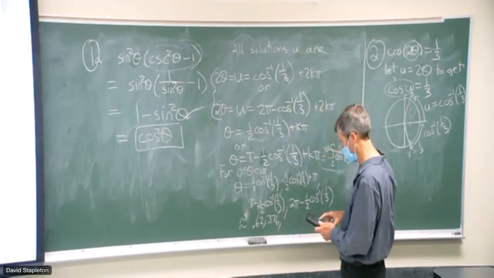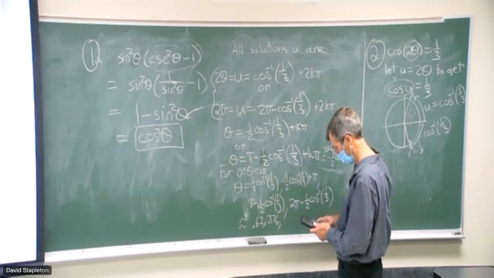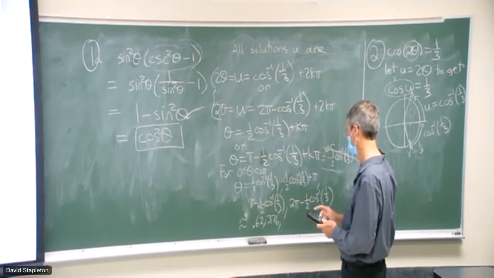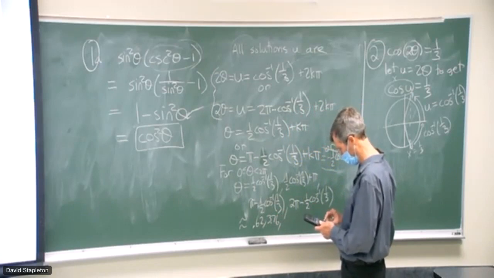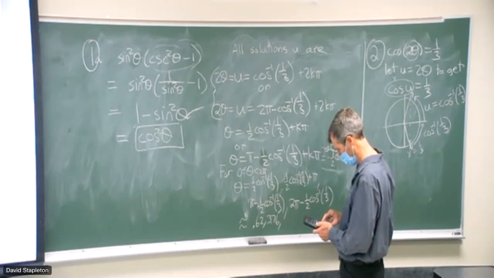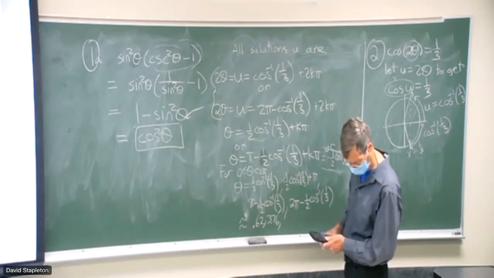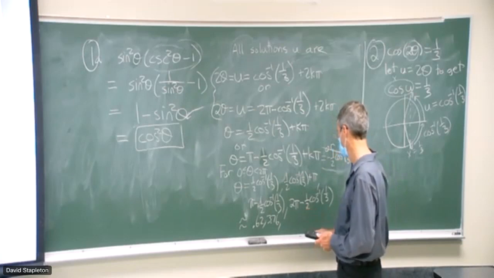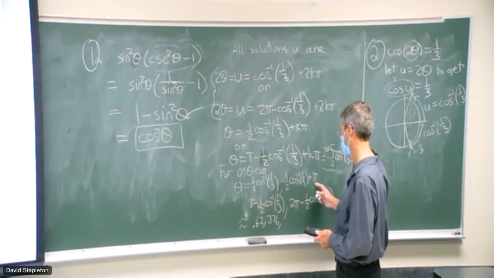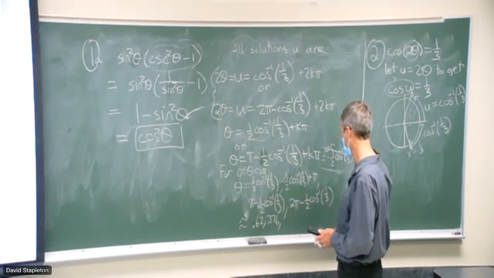Let's see. Looks like 5.67, I think, on that one. Anyway, you just have to put the decimals to these.